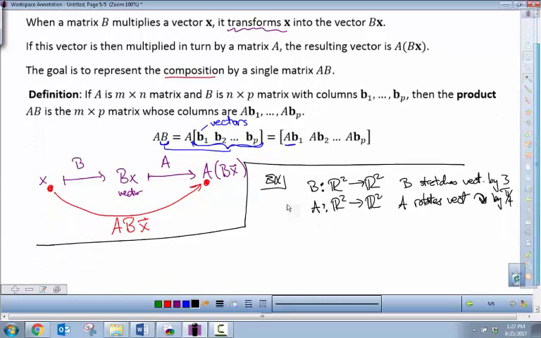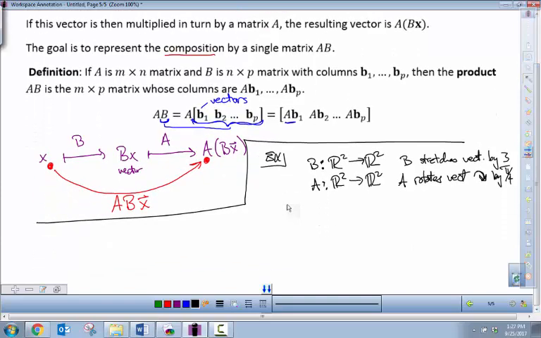So let's try to figure out what each of these matrices are. So B, if you have B, and we'll take our basis vector E1. If we're going to stretch this by 3 units, what's this going to equal? 3, 0, right?